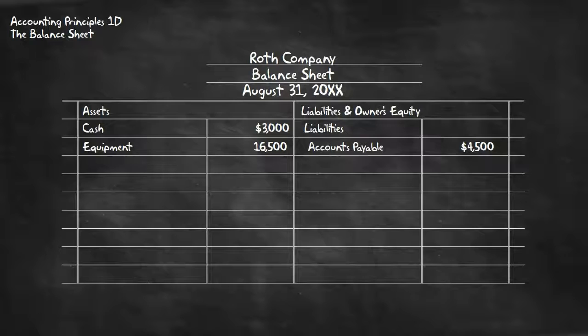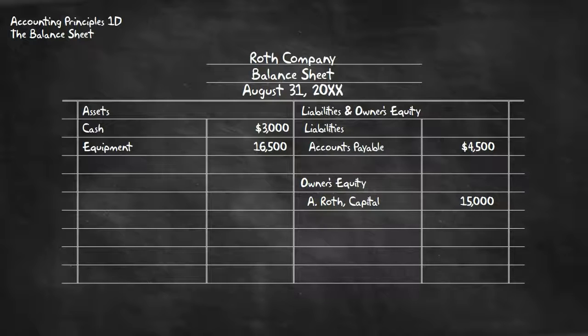Note, I don't show a total for liabilities because there's only one liability account. I would only show a total amount for a group if there are more than one account which would need to be totaled. Next, I'll skip a space and put my owner's equity title, and then my capital account and the balance.